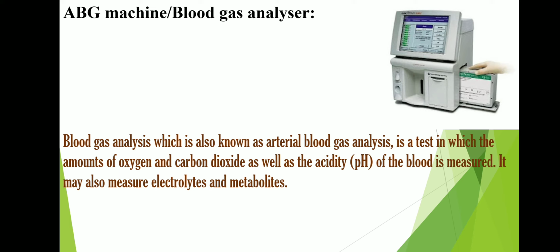Blood gas analysis, also known as arterial blood gas analysis, is a test in which the amount of oxygen and carbon dioxide, as well as the acidity, that is the pH of the blood, is measured. It also helps in measuring electrolytes and metabolites. This test can be performed with this digital ABG machine, which you can see.